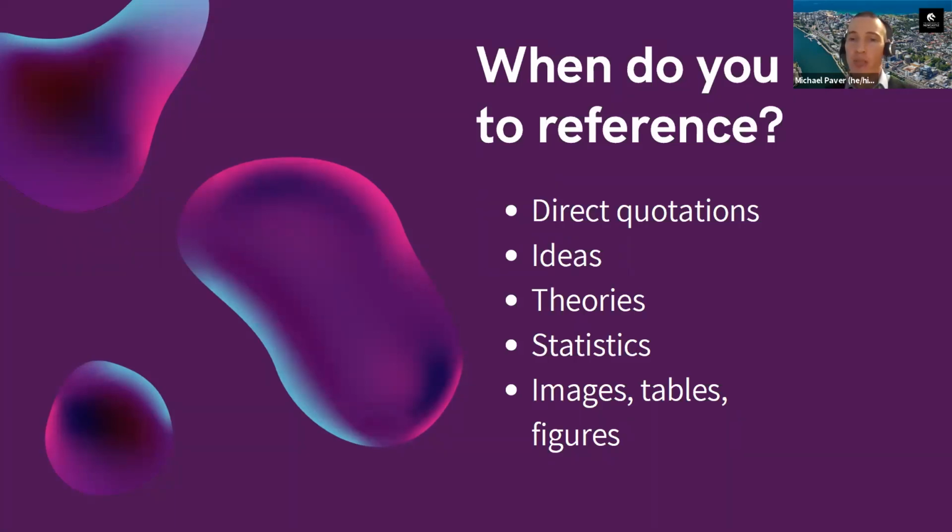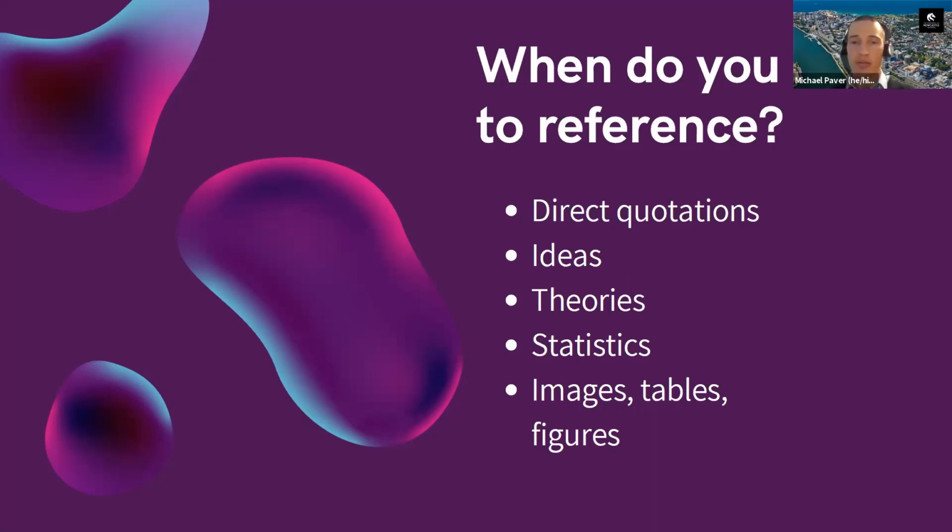But we're also talking about more than just taking somebody's words. It includes taking their ideas as well. So if you've taken an idea from a book or a journal article and you're writing about it, even if you change the words or paraphrase it, you still need to reference them, cite them as you're using their ideas.